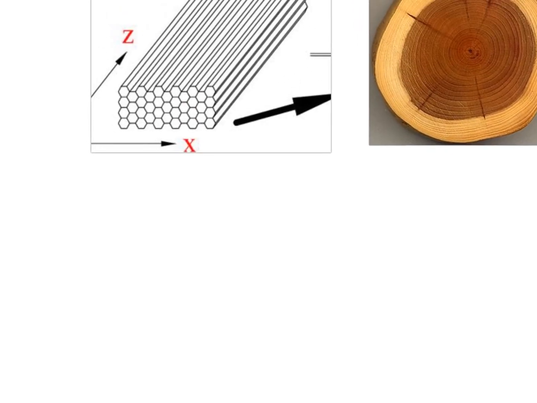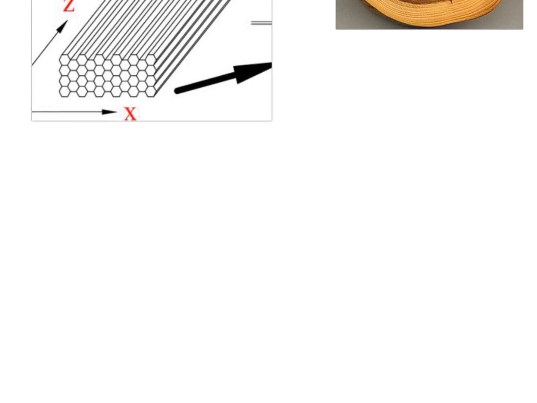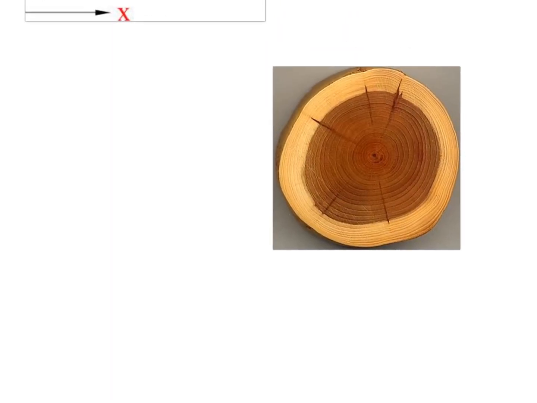Similarly, if you can do the same exercise about two other axes which are mutually perpendicular to the initial axis, then the material we are talking about is an orthotropic material. To show you a few examples, let me start off with a very natural, classic example of an orthotropic material.